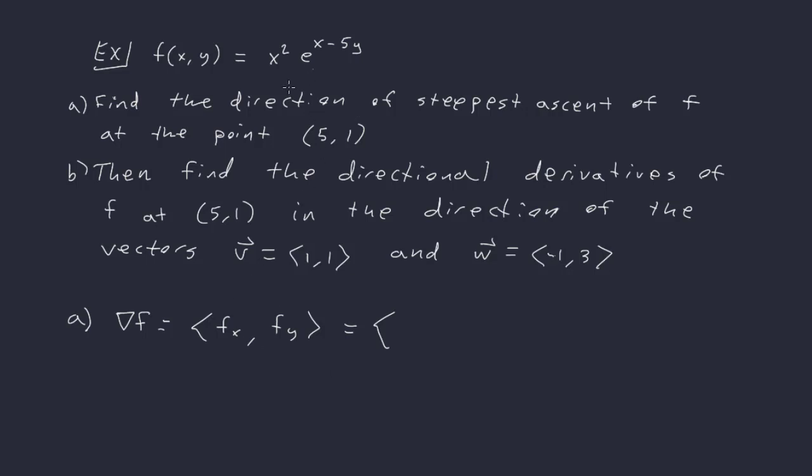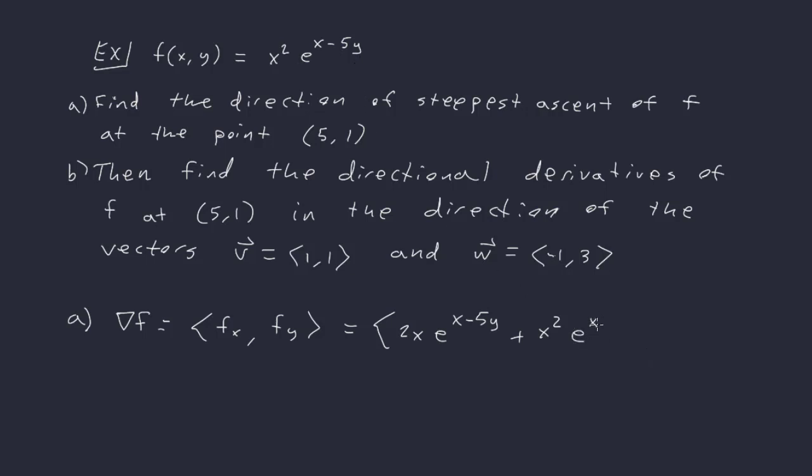Okay, so f sub x, when we take the x derivative, this is going to be a product rule, right? So it'll be the derivative of the first, which will be 2x, times the e stuff left alone. Then plus the first guy left alone, the x squared, times the derivative of the second guy.